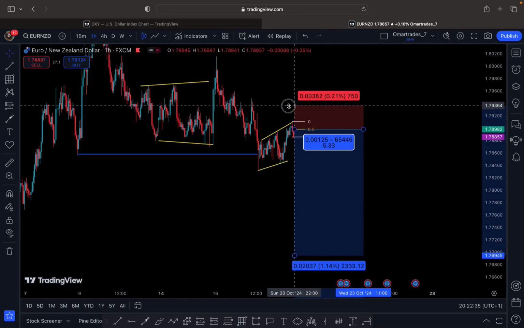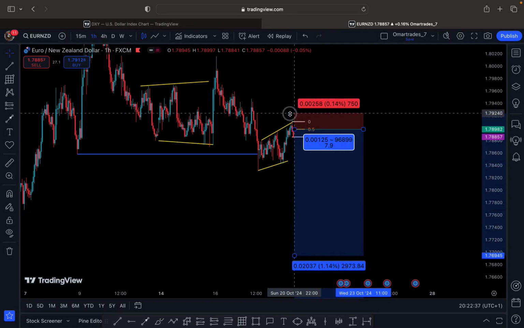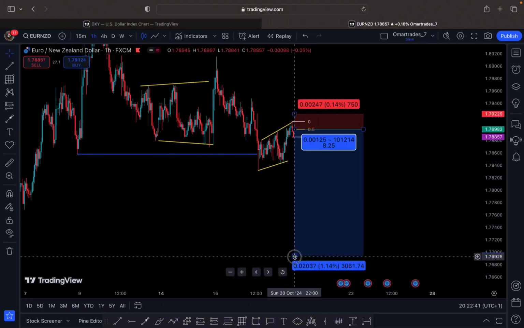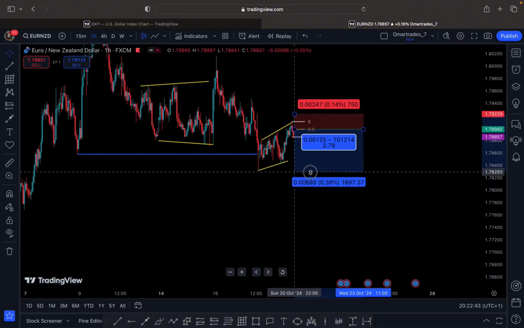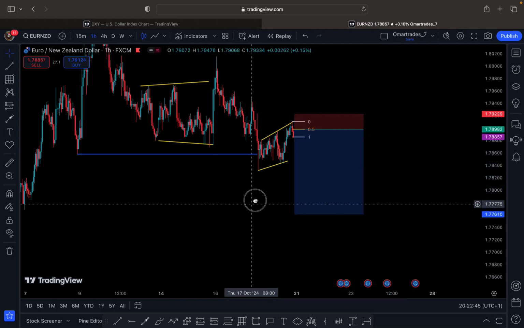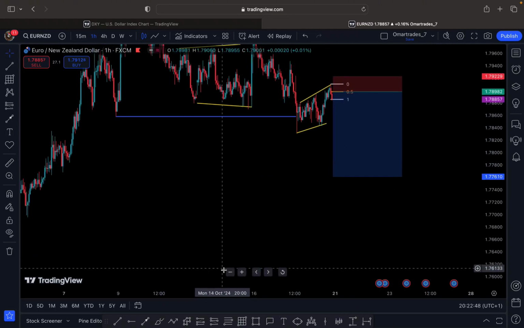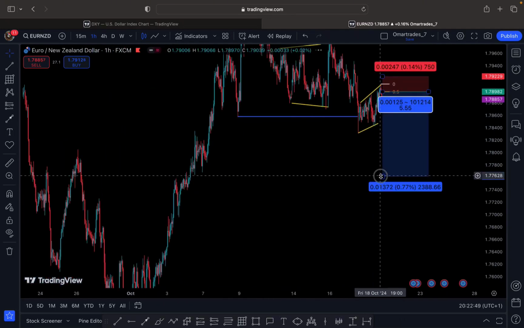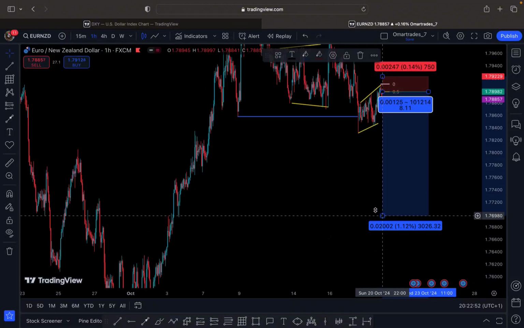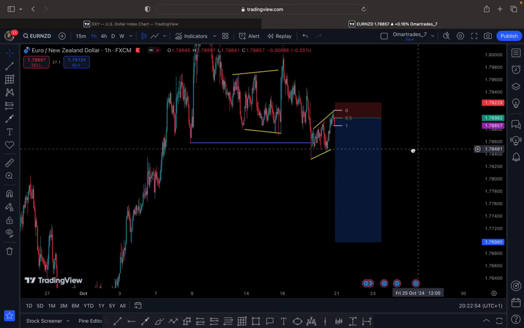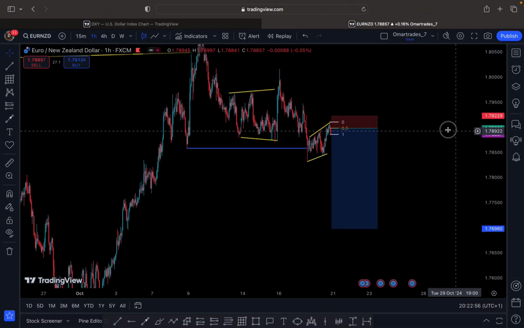You can actually have it around here. Actually, yeah, 24 pips is okay. By the time we got here, 2.7, and then 5%, and then when we go down, maybe to this point, will be 8%. So this is great as well. This is looking great.